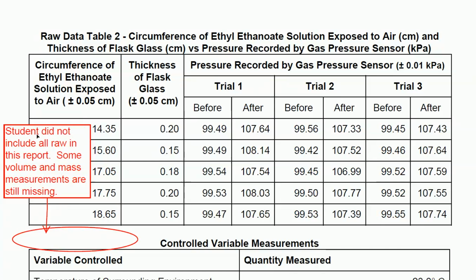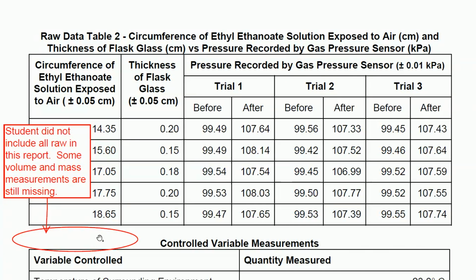However, one thing that students often forget in the quantitative component of an internal assessment is including all of the raw data measurements. In this particular case, there were some volume and mass measurements that were still missing.